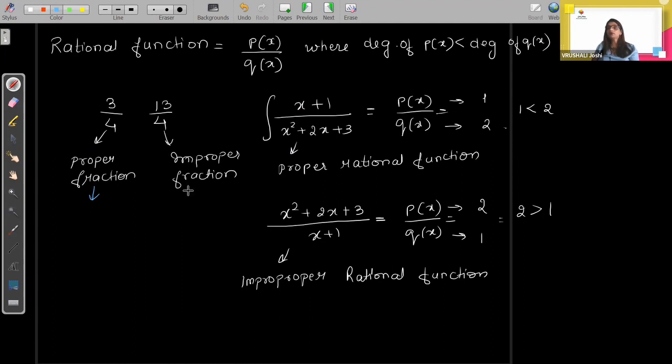The problem is 13/4. What do we do normally? We say 4 3s are 12, then remainder 1/4, and we call this a mixed fraction. Remember? Same thing we have to do, absolutely the same.